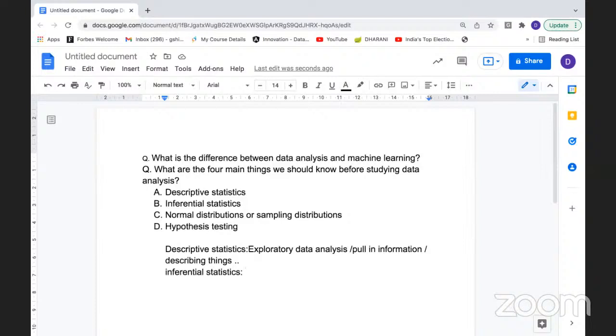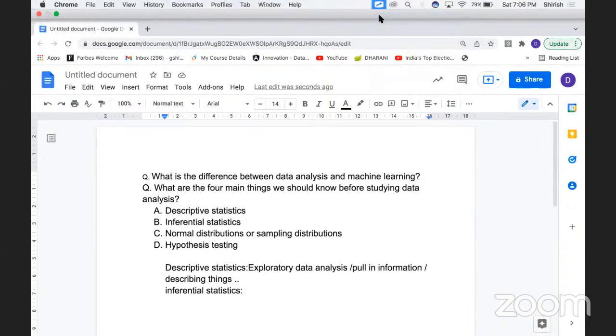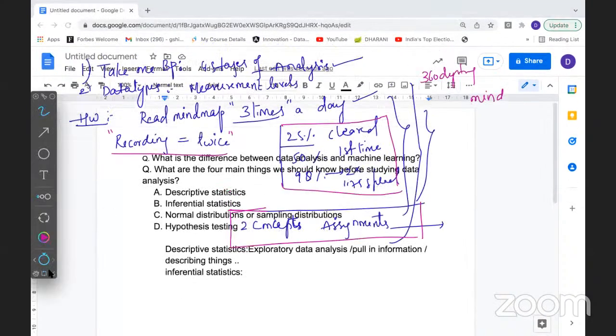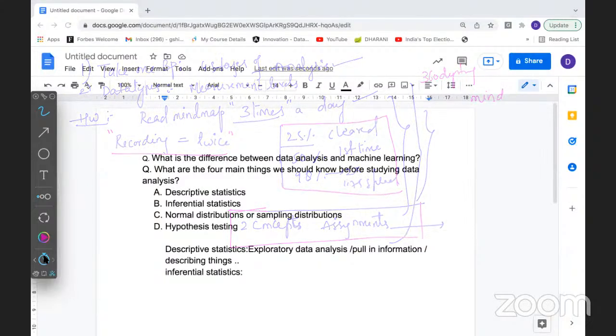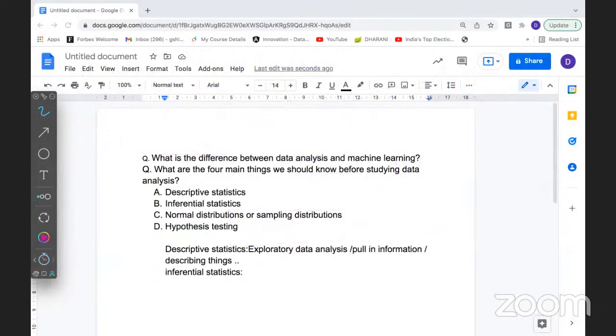So when we want to work with the population data, we don't have enough resources. So what we do? We pick up a sample.